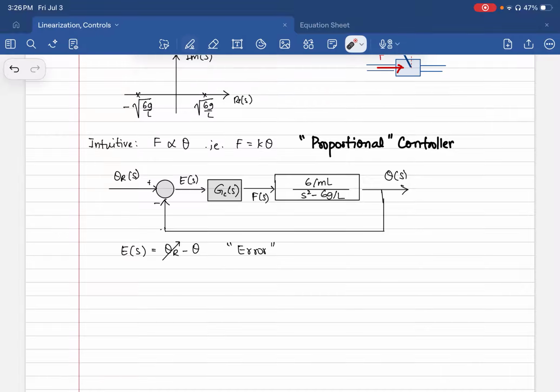And essentially, we have that F of s is equal to k theta.